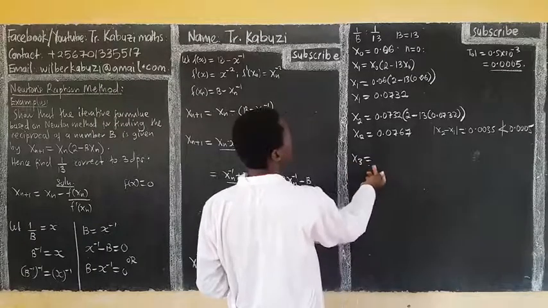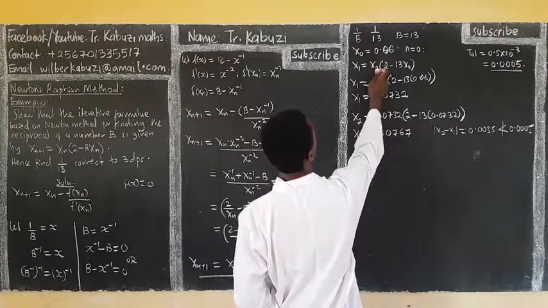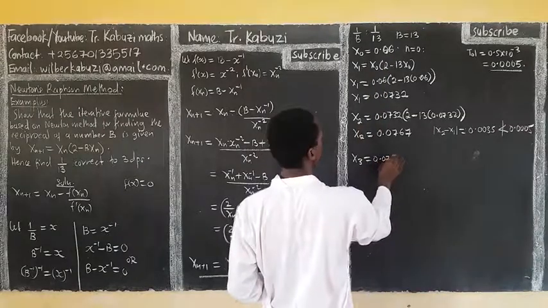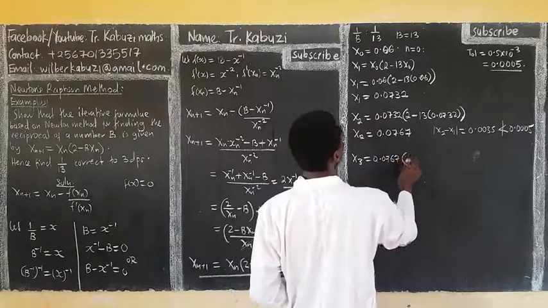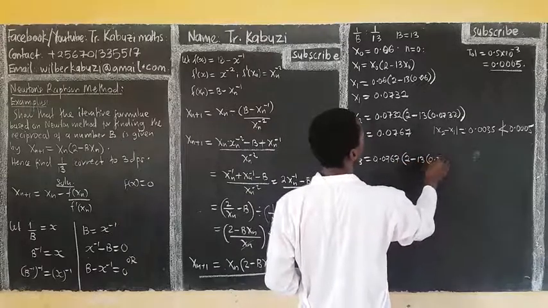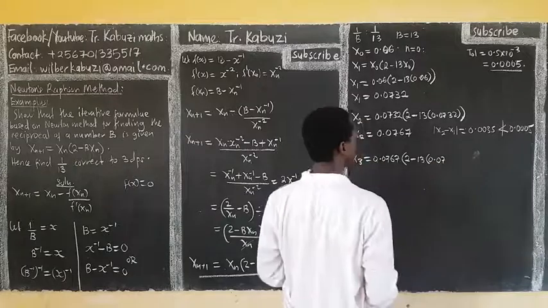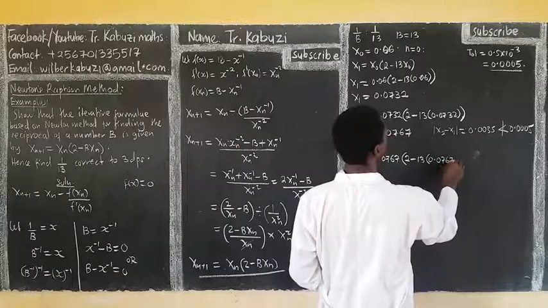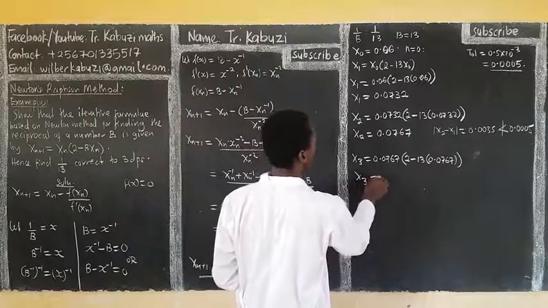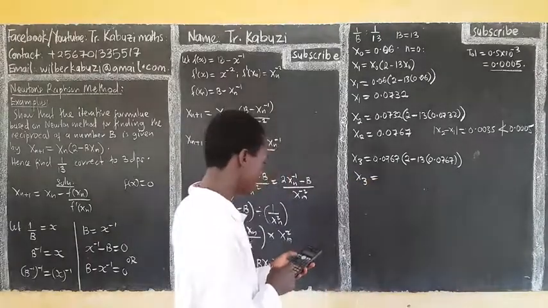For x3 now, we shall use this as our root there. We shall be having now 0.0767 into 2 minus 13 into 0.0767.